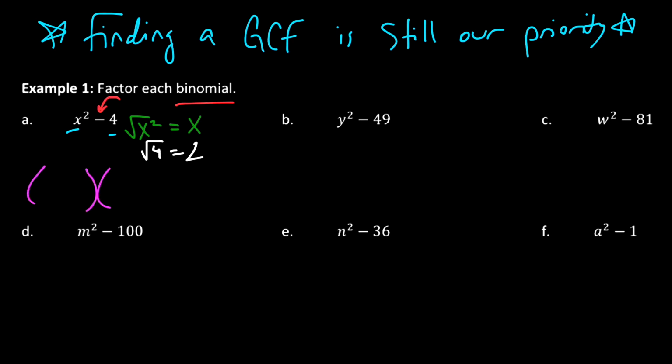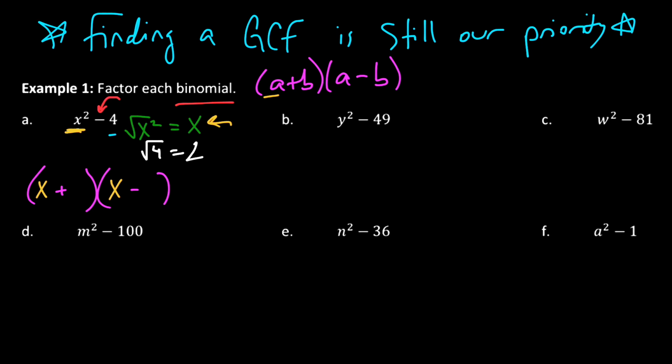So I get my parentheses set up. I know that this is going to resemble a plus b times a minus b. So one of these will be positive, one of these will be negative in the middle, and then the a term is just my first term, the square root of that. So we found that right here. Square root of x squared is just x.